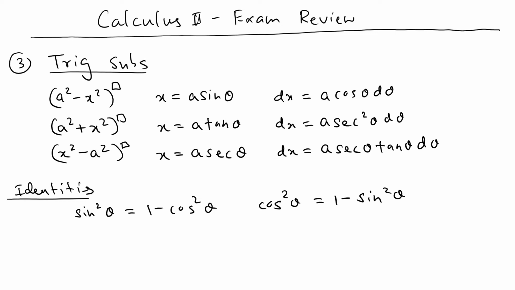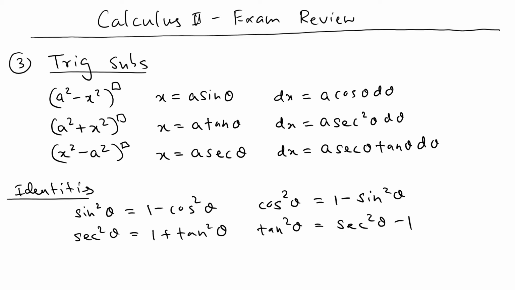And then for the second one, this is the tangent substitution. Once you substitute tangent, you're going to use secant square theta equal 1 plus tan square theta, or you can say tan square theta equal secant square theta minus 1. So those are the identities that we can use in this section.